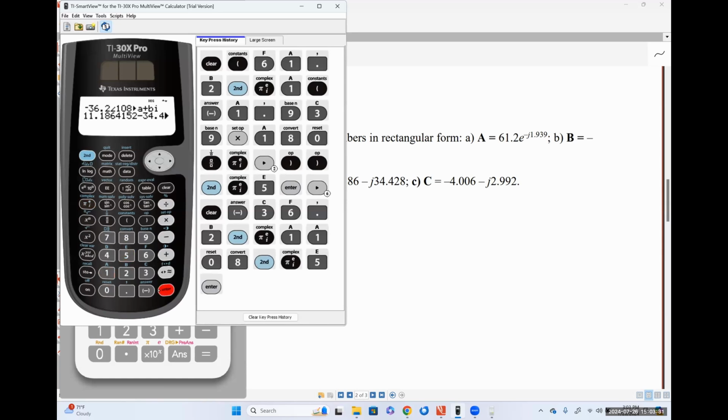Okay, so the TI doesn't seem to care if you put a negative sign, a negative magnitude, but the Casios definitely do. So another reason why the TIs are better, in my opinion, for this particular thing.